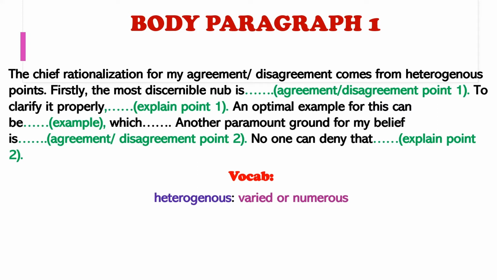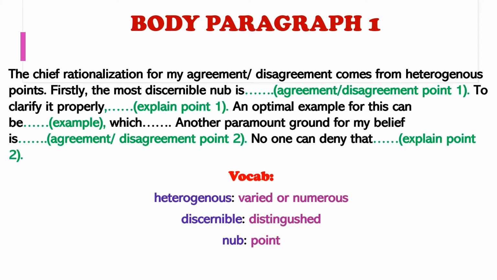Firstly, now my first agreement or disagreement point is: firstly, the most discernible nub is. Discernible means distinguished, something quite different. So the most discernible nub means the most distinguished point. The most discernible nub is, and then you will give your first agreement or disagreement key point.